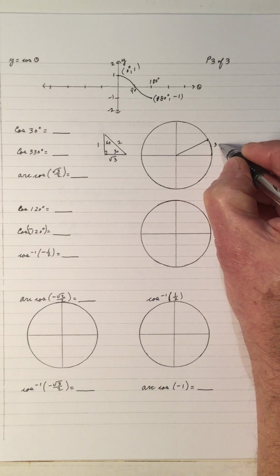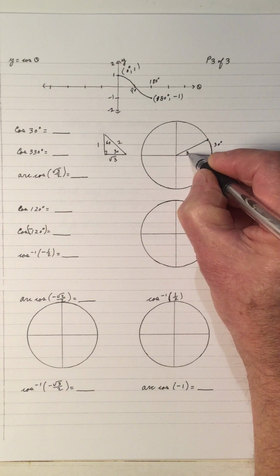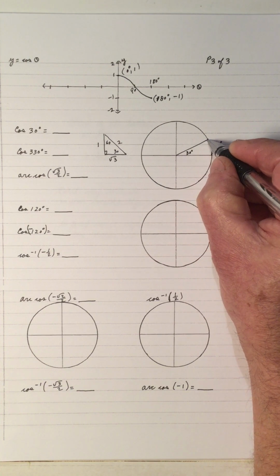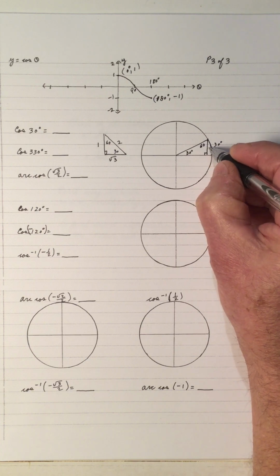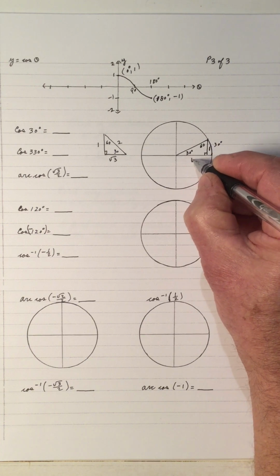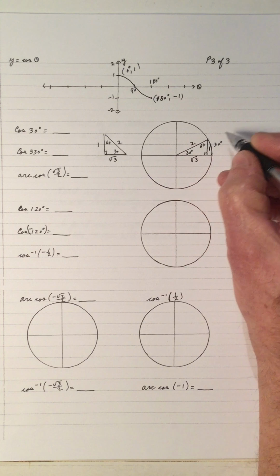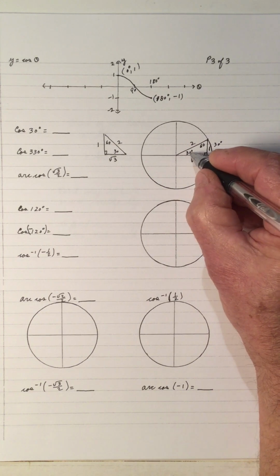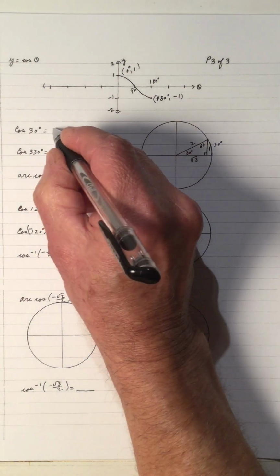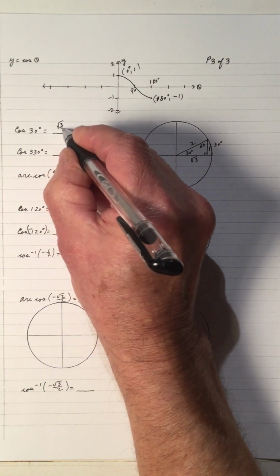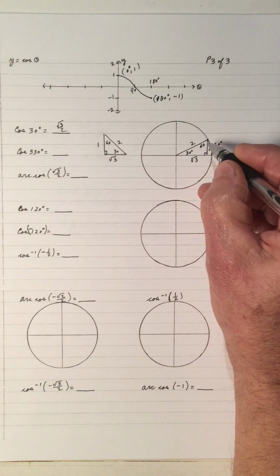The central angle is 30. Drop it perpendicular to the x-axis. I have a 60. So this triangle here is 1, root 3, 2. So if you've got a 30-degree angle, cos is root 3 over 2, adjacent over hypotenuse.